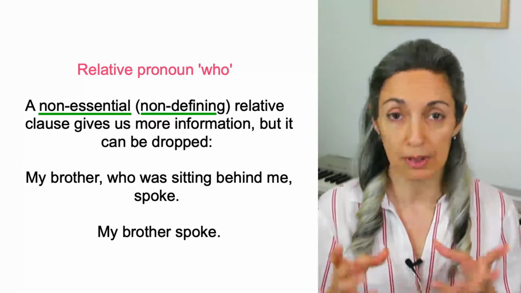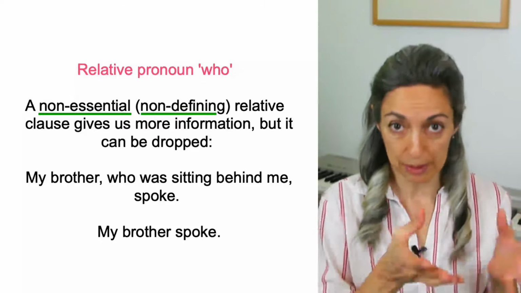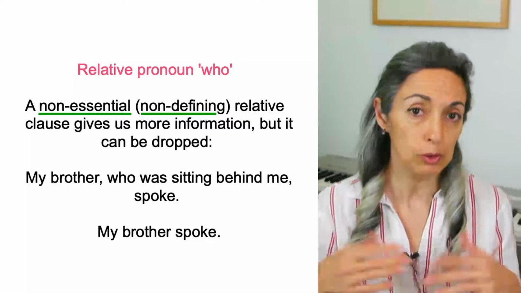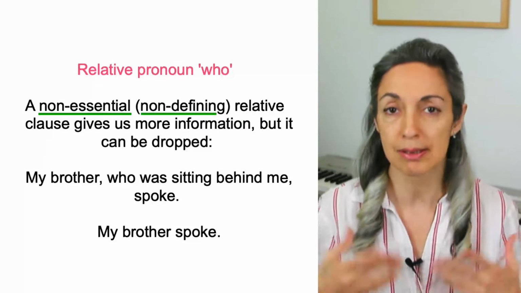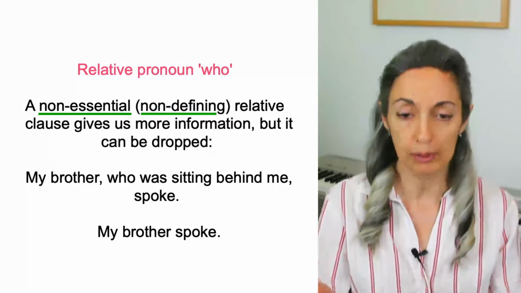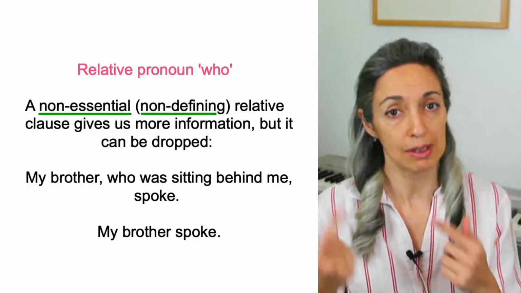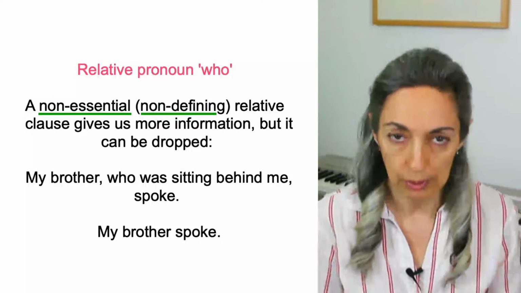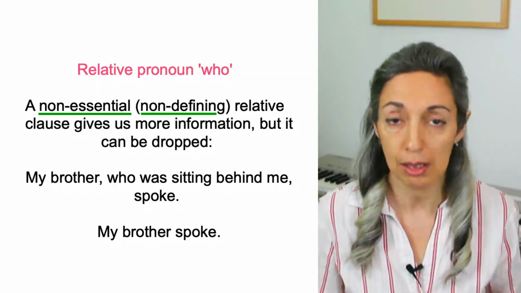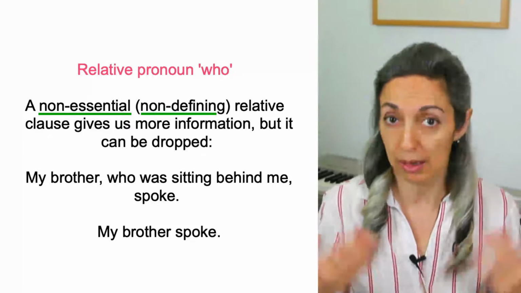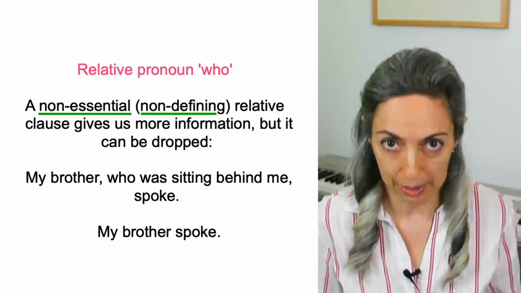This type of clause gives more information about the person in the sentence, but you can drop it and the sentence is still complete. For example, my brother, who was sitting behind me, spoke. You can drop that and simply say, my brother spoke. We still know who we're talking about.